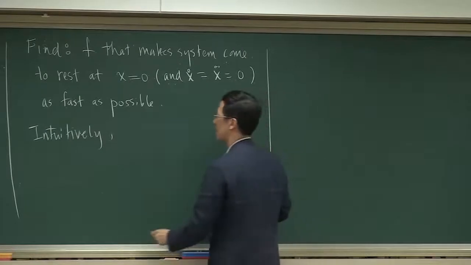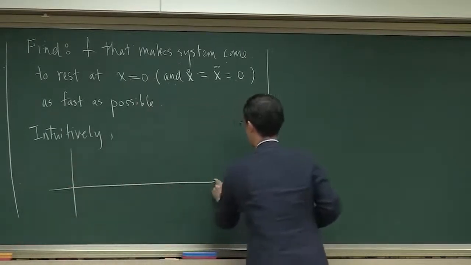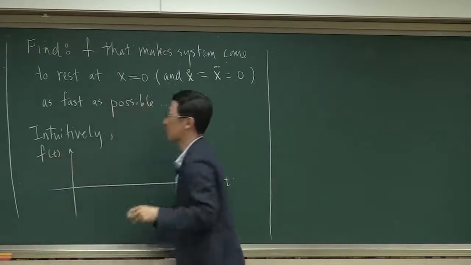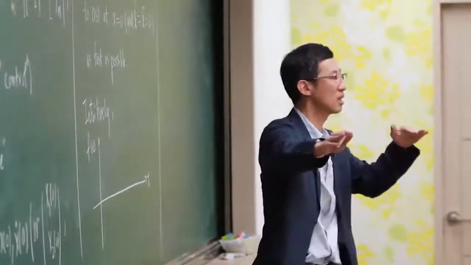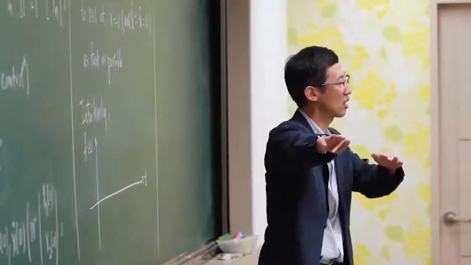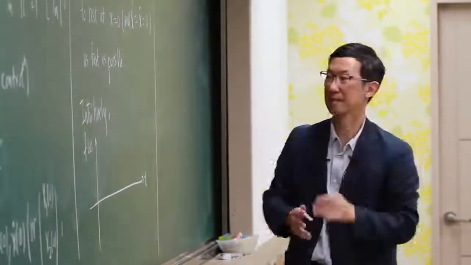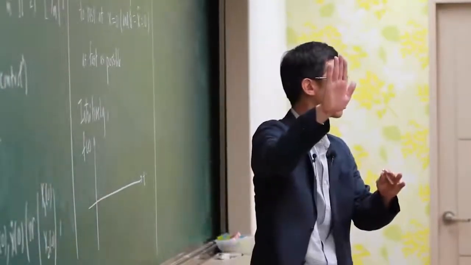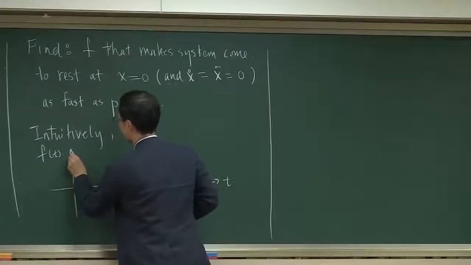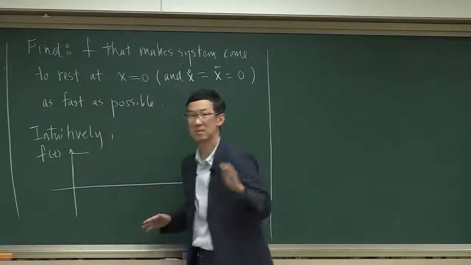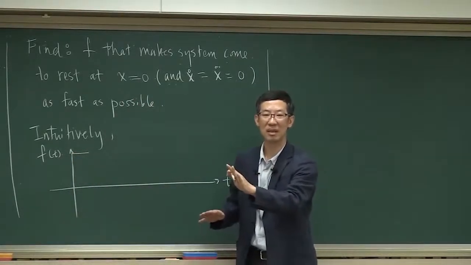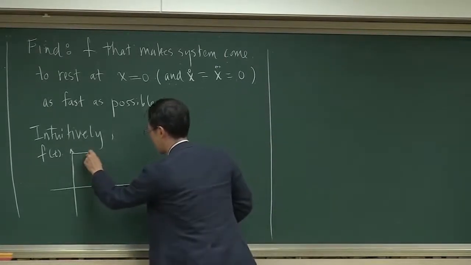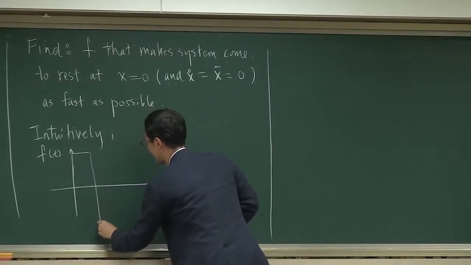Of course, it depends on how fast you're going initially. As soon as you see that light turn yellow, you floor it, maximum acceleration. And then as soon as the light turns red, you do maximum deceleration.